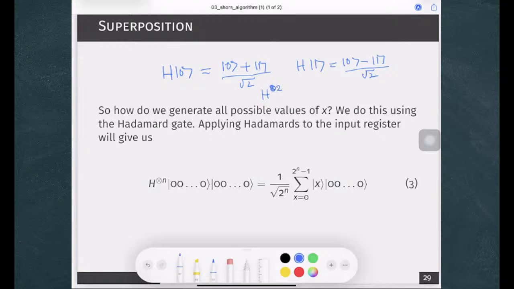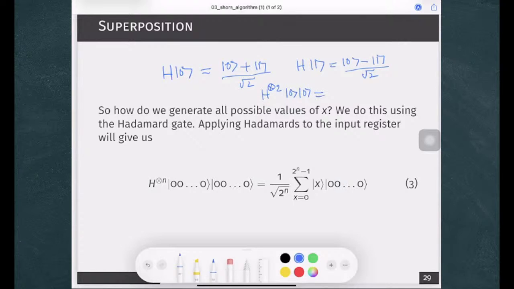This is just notation. This is called a tensor symbol. So you have 2 qubits now.